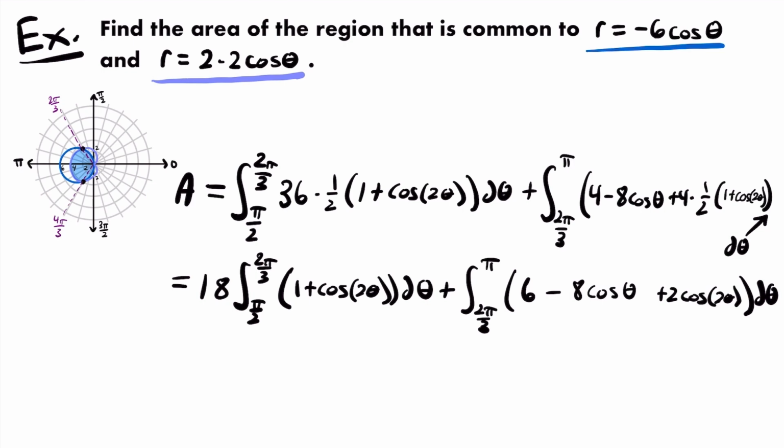Now the reason we're doing that is because cosine of 2 theta in both cases is going to require the use of u substitution, so I kind of want to separate that from the other terms when we integrate.